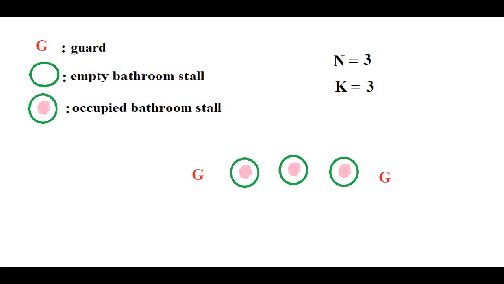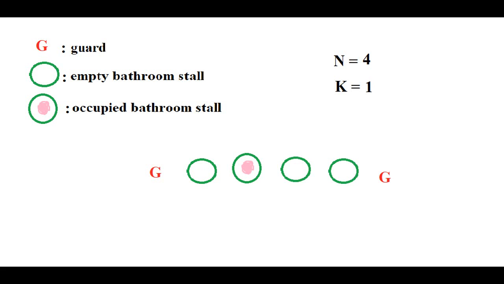And what is the minimum number of free stalls between the Kth guest and his neighbors, or again, guards? With the example where N is equal to 4 and K is equal to 1, the answer is 2, 1. Indeed, there are 2 available bathroom stalls on the right side of the guest and 1 available on his left side.